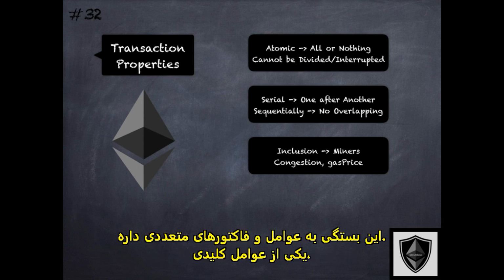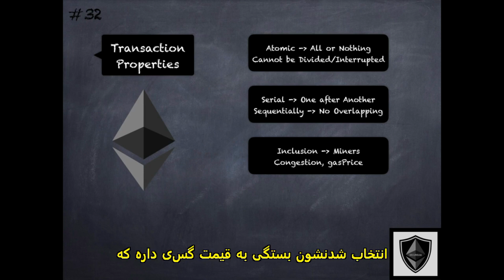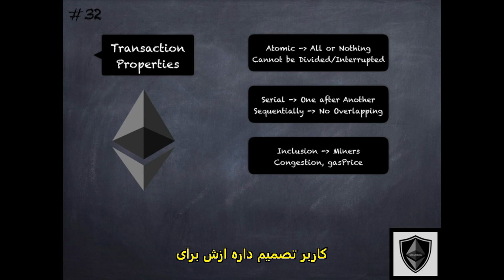This depends on multiple factors, the key ones being the congestion on the Ethereum network, or in other words, the many other transactions that are competing for the same block space. It also depends on the gas price that the user decides to use for the particular transaction.